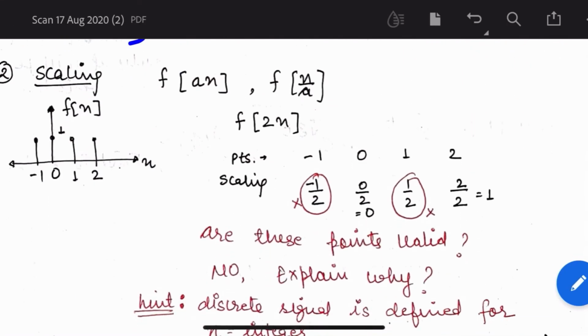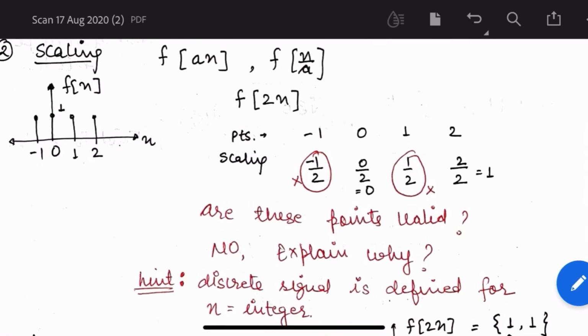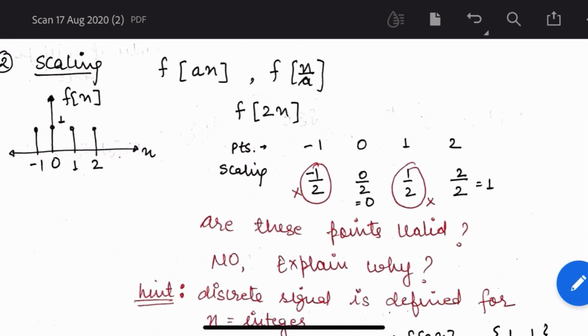Next is your scaling. Shifting we saw is somewhat the same as what you do for a continuous signal. In scaling there is a twist.